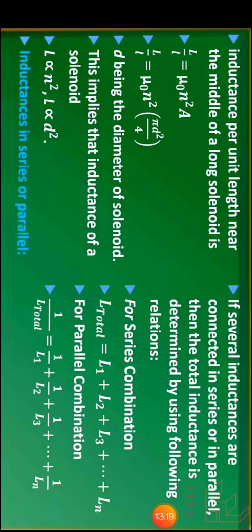For inductance in series combination, L total is equal to L1 plus L2 plus L3 up to Ln. Now for inductance in parallel combination, 1 upon L total is equal to 1 upon L1 plus 1 upon L2 plus 1 upon L3 up to 1 upon Ln.